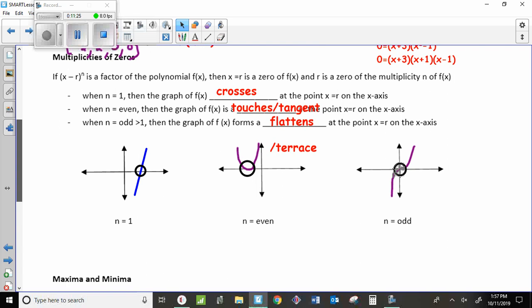So this is how it's going to look. It crosses when the multiplicity is 1. It will be tangent, so it will just touch at x equals r, and then it forms a terrace at x equals r when the multiplicity is 3, 5, or 7.